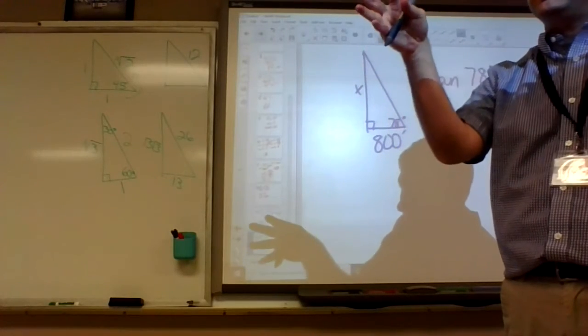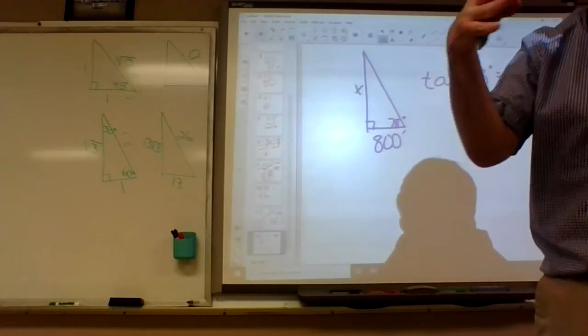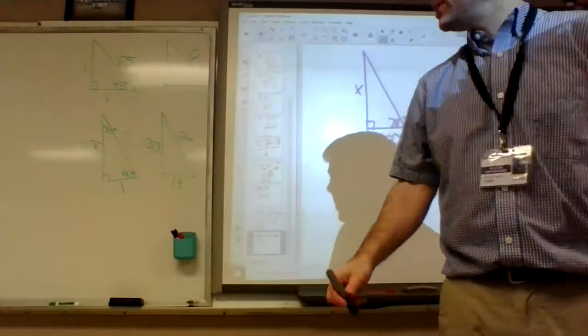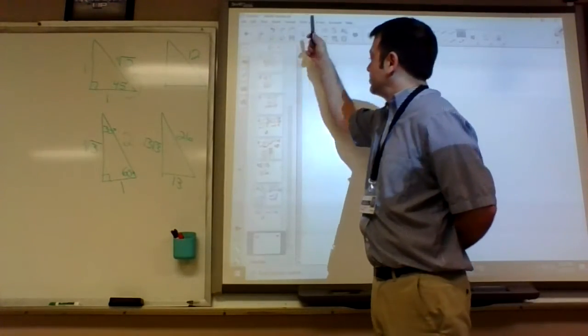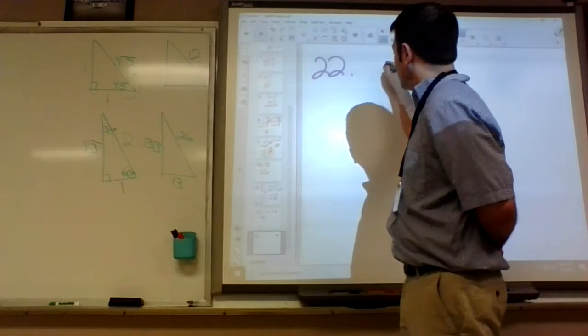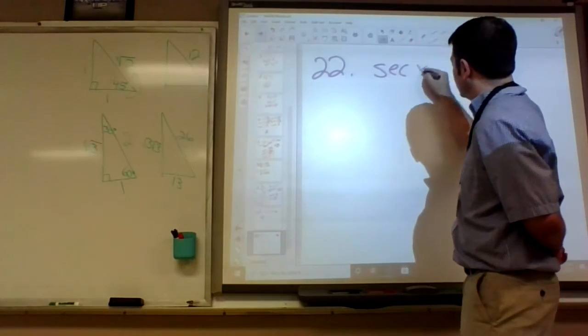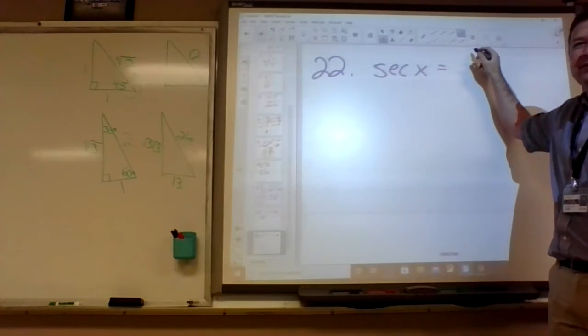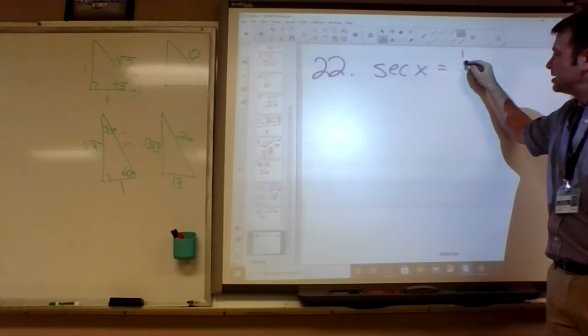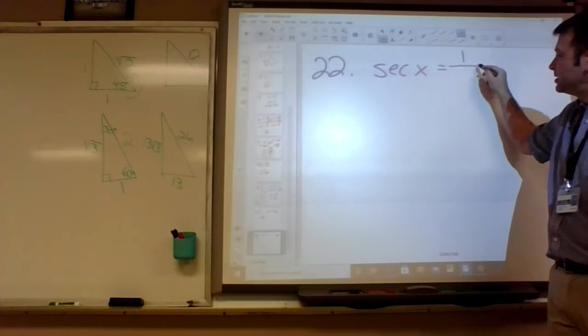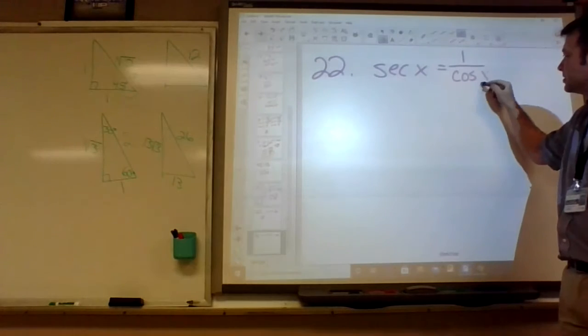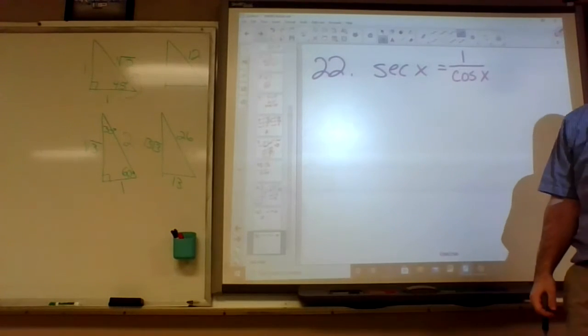It's the one where it seemed like cosecant should go with cosine, but it doesn't. So what they wanted on 22, I know this isn't even, but I'm gonna do it anyway. You just put secant of x equals, you guys know what I'm gonna write? Doesn't equal cosine, equals 1 over cosine. So that's all they want for those.